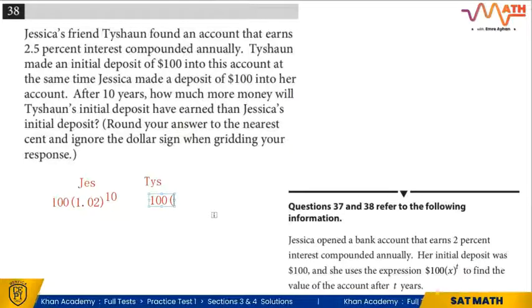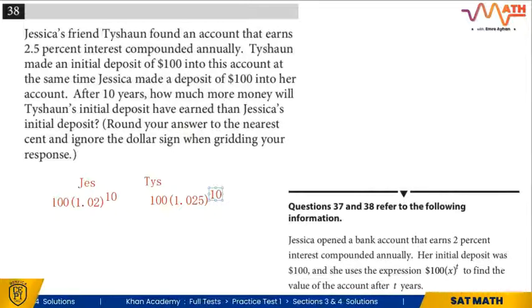So it's going to be 1.025. Not that much, right? But let's see after 10 years what the difference is. All we need to do is calculate and then subtract, right? To find the difference. And let's calculate, no problem.